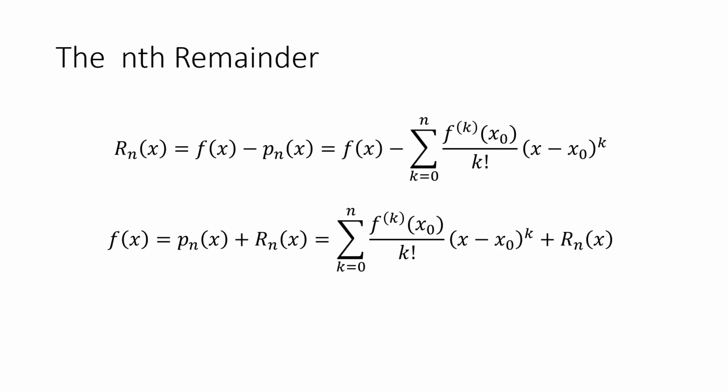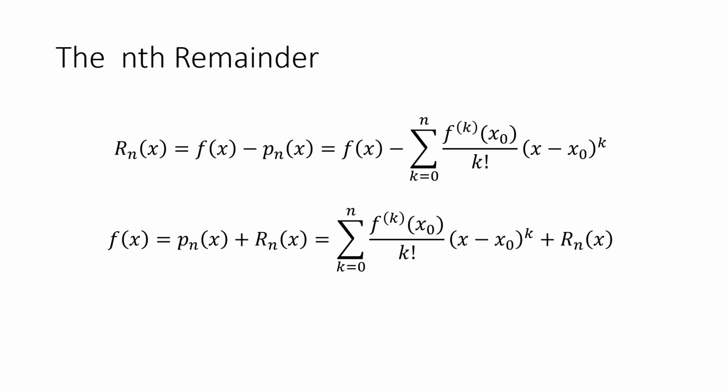That is, r sub n of x is equal to f of x minus p sub n of x, which is equal to f of x minus the summation of the kth derivative of f at x sub 0 over k factorial times the quantity x minus x sub 0 raised to the power of k, from 0 to n.